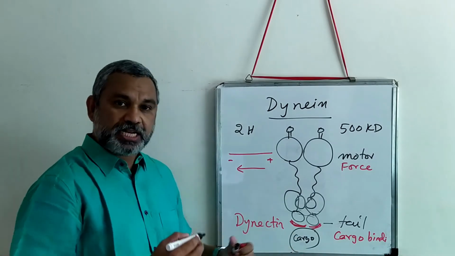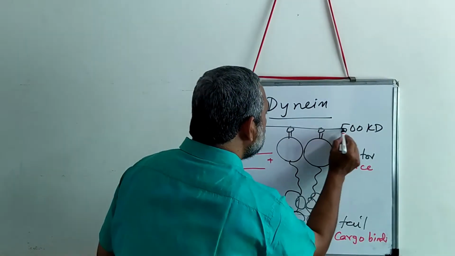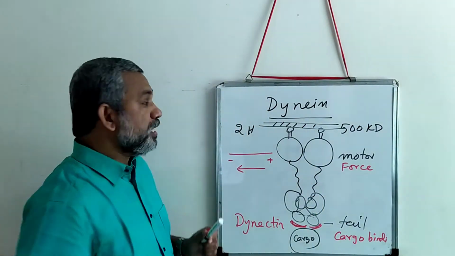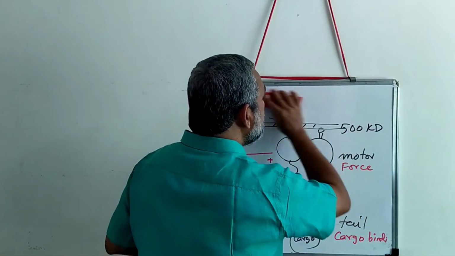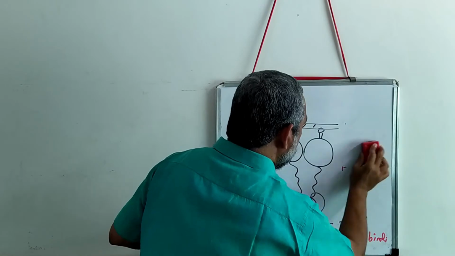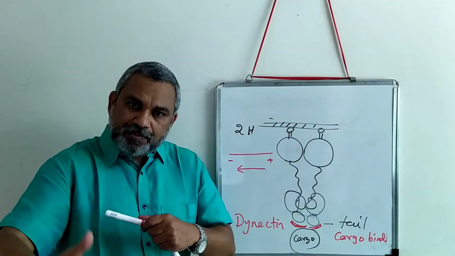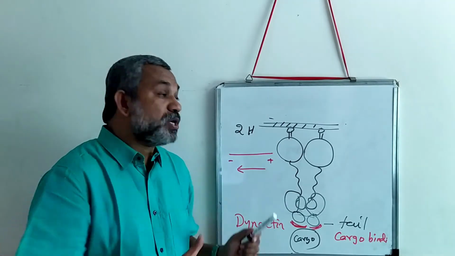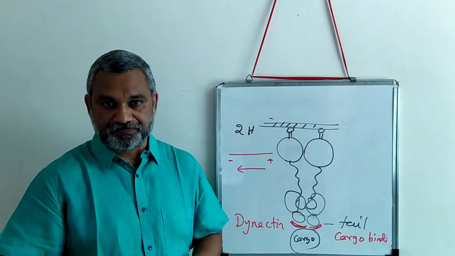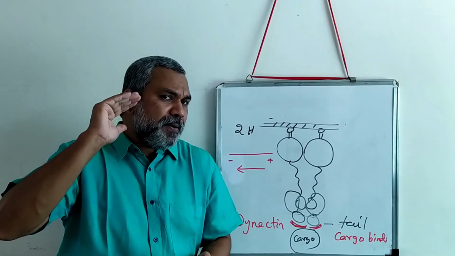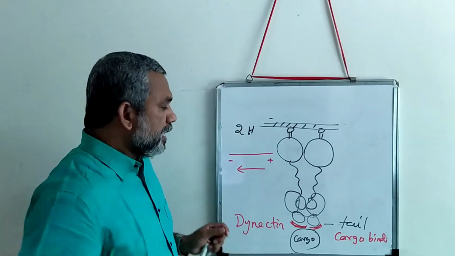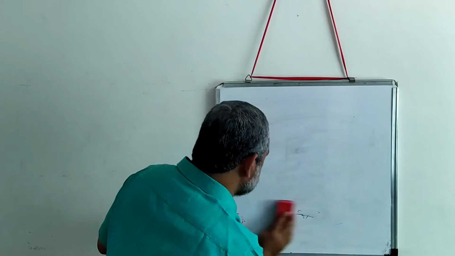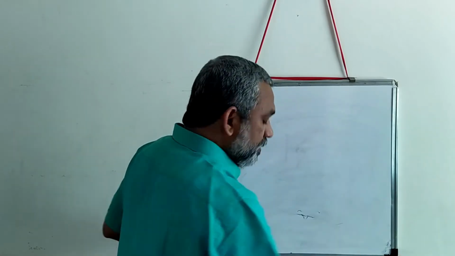So this is a cargo, it is binding, then this portion will move on the microtubules, and that is how the movement of cargo occurs. You can look at a textbook to see the real picture, and you get an idea about how this movement occurs.